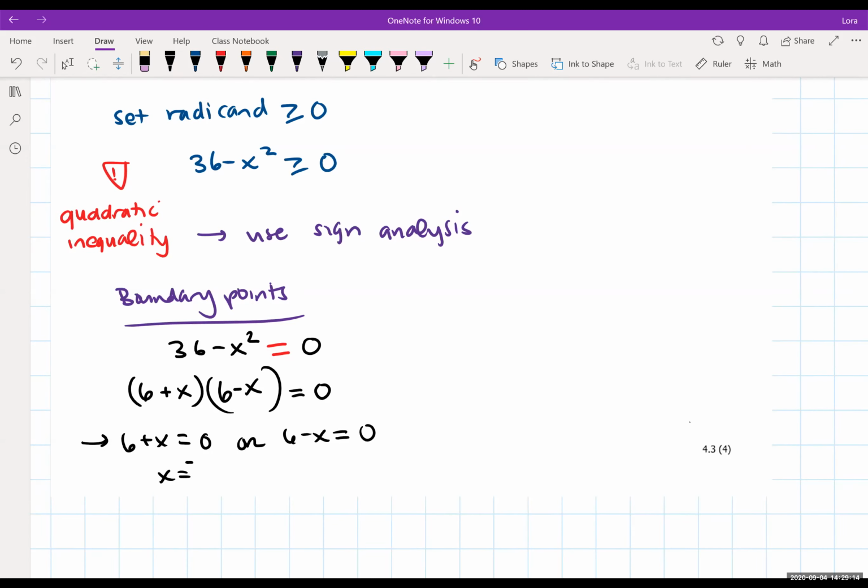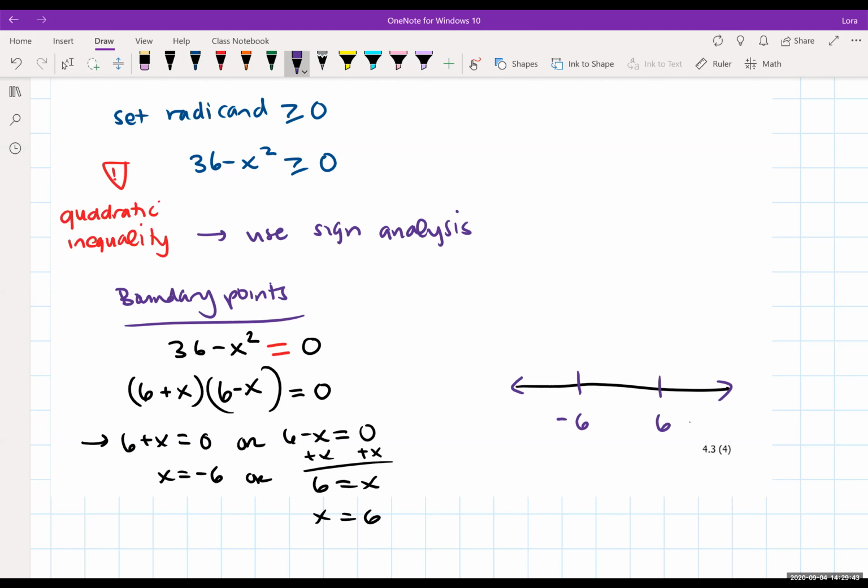For the second, it might be easier to add x to both sides, so I get 6 equals x, or x equals 6, same thing. So now we have our boundary points. And remember, with our boundary points, we plot them on a number line. Looks like we have negative 6 and positive 6.